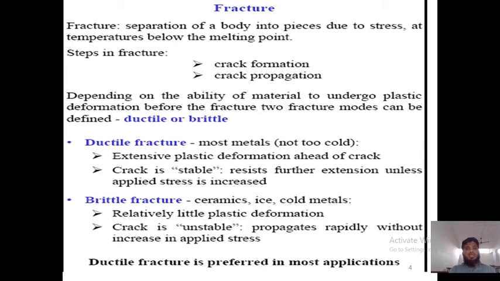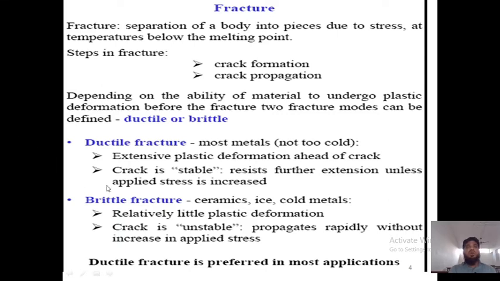In this, the crack is stable and resists further extension unless the applied stress is increased. Crack is stable means, once a crack is formed while you are bending a sheet, until you apply further stress, the crack will not propagate easily, because the material is ductile. That too, it has undergone plastic deformation.